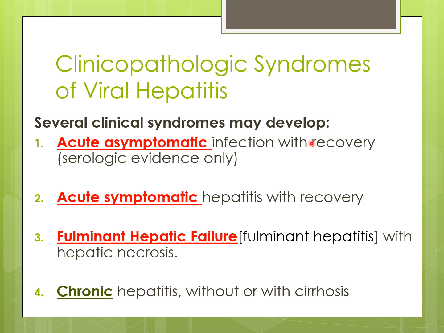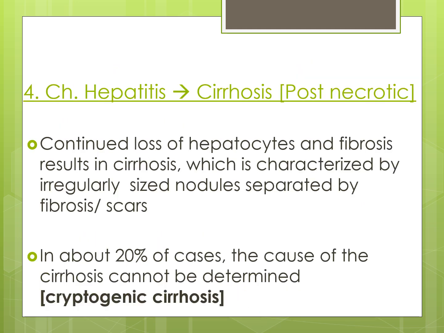We finally reach the fourth type of clinico-pathological syndrome of viral hepatitis, that is chronic hepatitis. Chronic hepatitis may lead to cirrhosis or it may not. When it leads to cirrhosis, the type of cirrhosis we call post-necrotic cirrhosis. The name suggests that this type of cirrhosis occurs after necrosis.